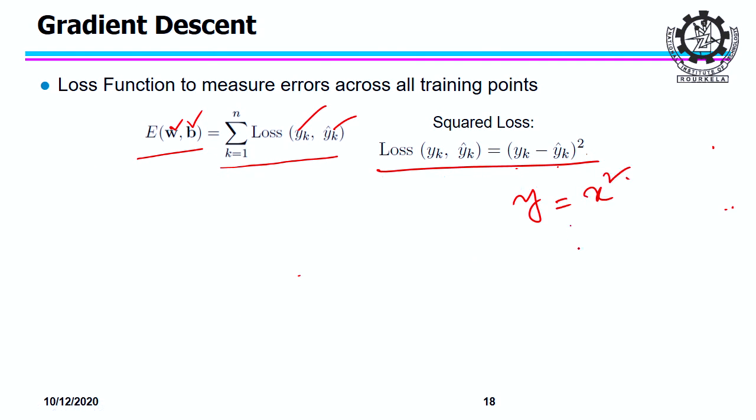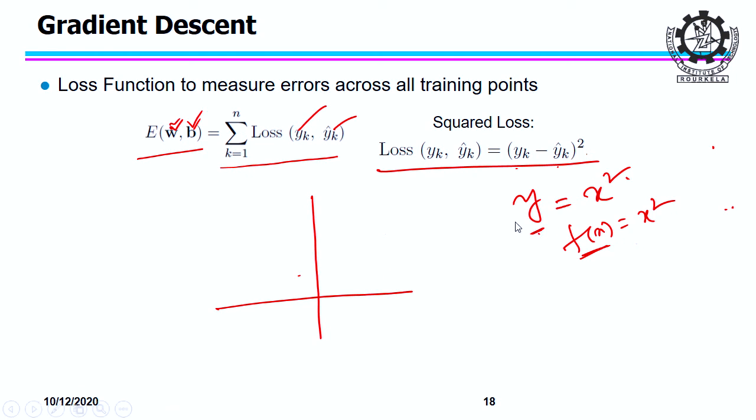So, I can write f of x equals x square. For any value of x, positive or negative, this function value will always be positive. Now, what is the objective? I should get a value of x where the function is minimum. Similarly, I should get the values of w and b where the error is minimum.